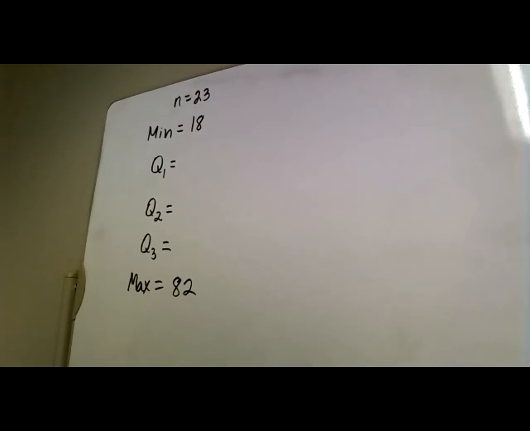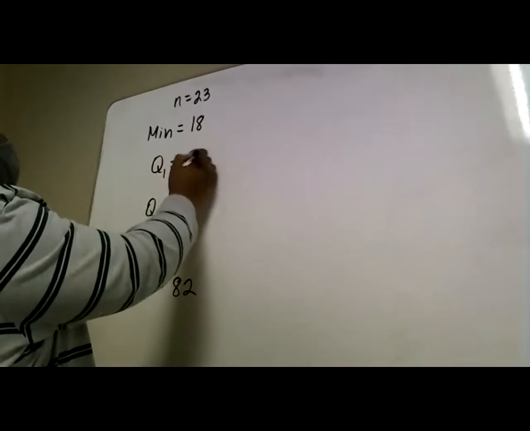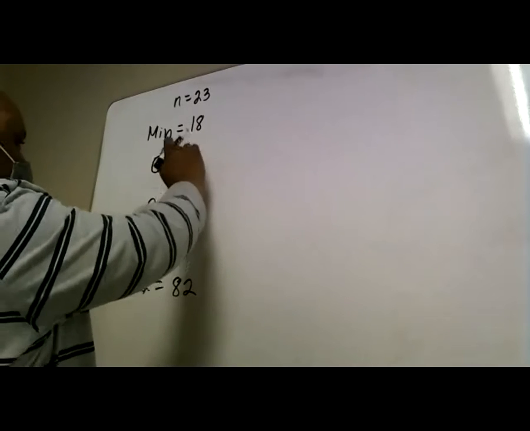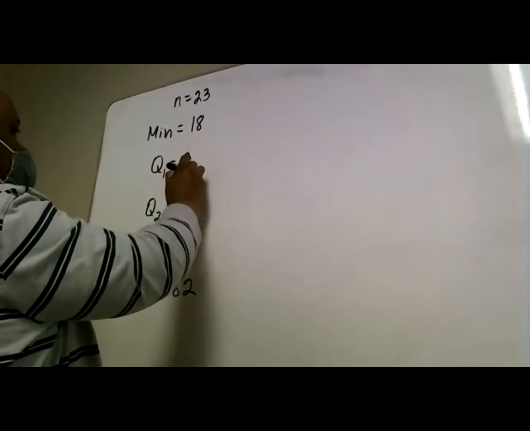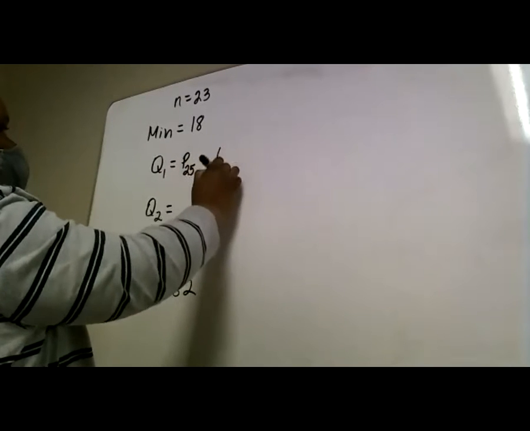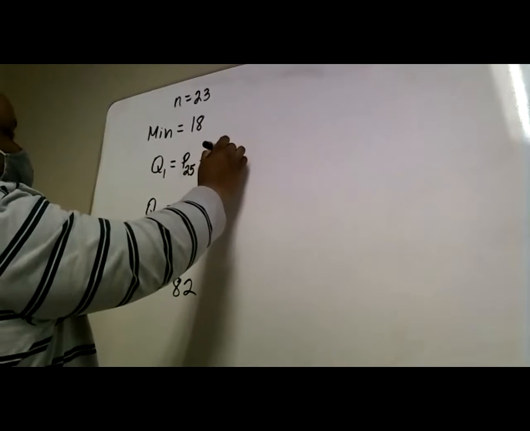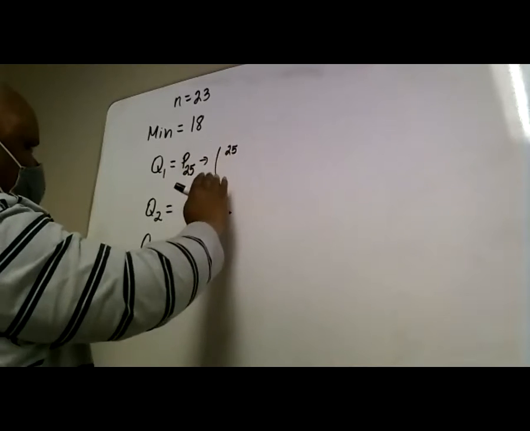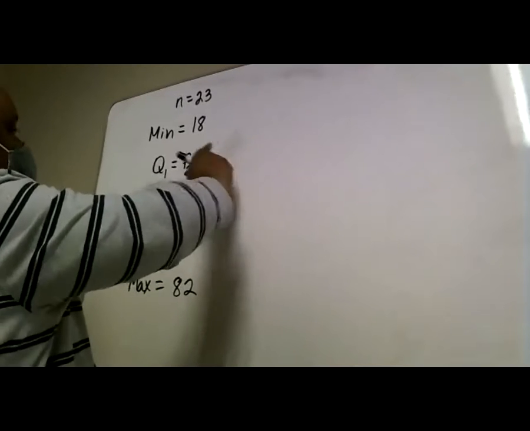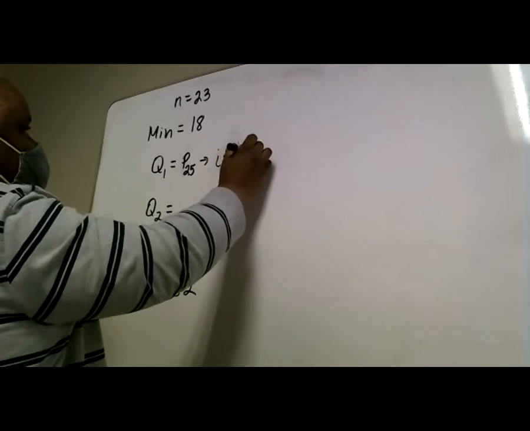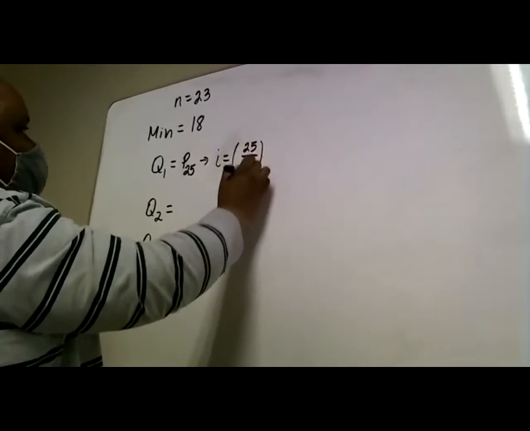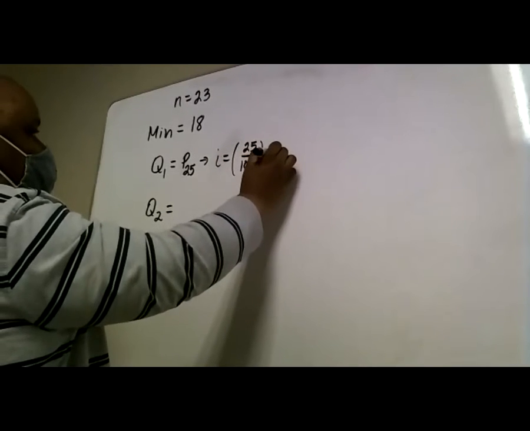Should we reuse the same math and just count the numbers again? Because that means you have to think of this as the 25th percentile for Q1. And here, I is equal to P, which is 25, divided by 100, times N, which is 23.